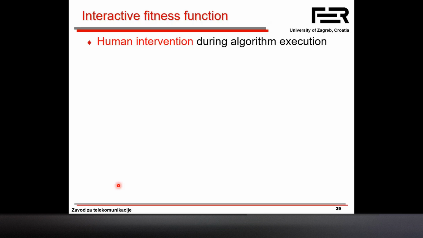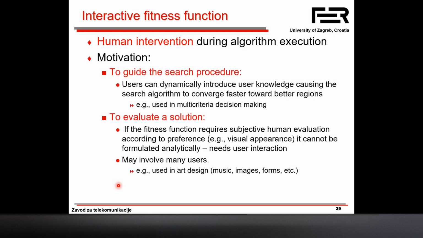Just two more things that I would like to mention. In certain cases, human involvement is necessary in the loop of designing some kind of a heuristic. There are two main motivations for designing something that we call interactive meta-heuristics. First, to guide the search procedure.